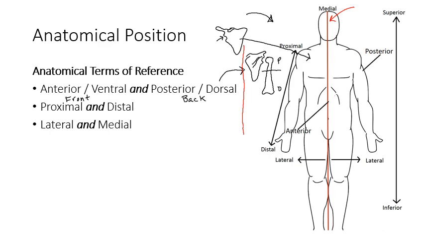Okay, and because this bone belongs to the right side of the body, we're going to say that here is the medial, and over on this side would be the lateral portion of the bone. So the head of the humerus here is medial. In contrast, if we move over to a tubercle on the side, the greater tubercle, that is lateral.